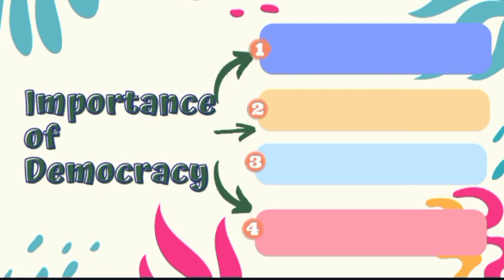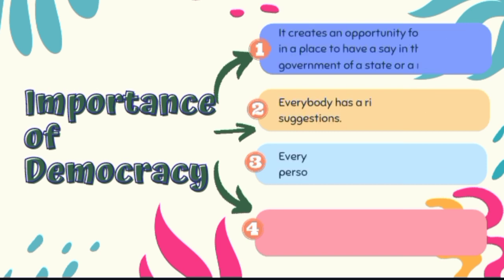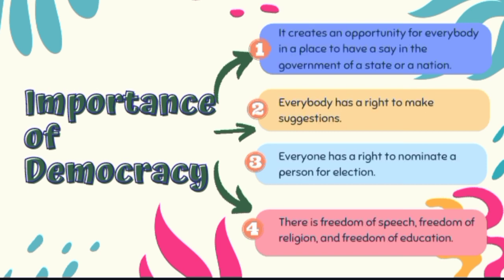Then number three, everyone has a right to nominate a person for election. And lastly is that there is equality and freedom of all persons and safety of possessions where democracy operates. So there's freedom of speech, freedom of religion, freedom of education, freedom of movement, etc. These are some of the importance of democracy.